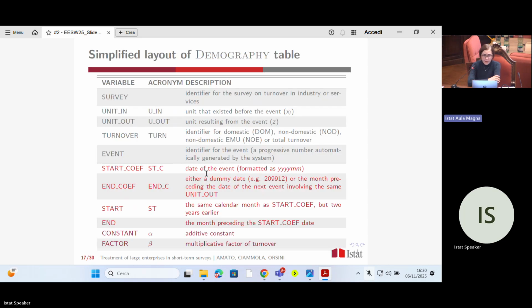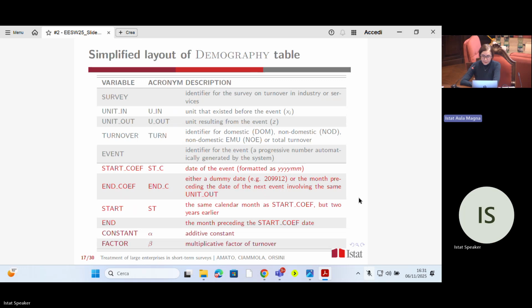This is a simplified layout of the table. It contains 3 pieces of information. Firstly, the identifiers of the enterprises involved in the event.